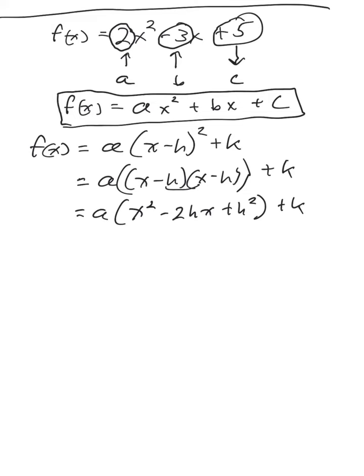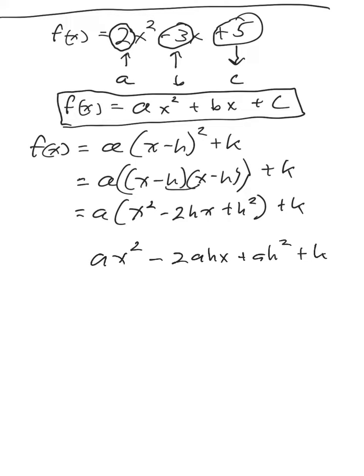Distributing the a, I get ax squared minus 2ahx plus ah squared plus k. Then I'm going to group the x terms.